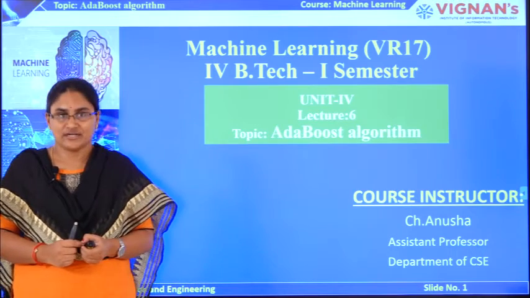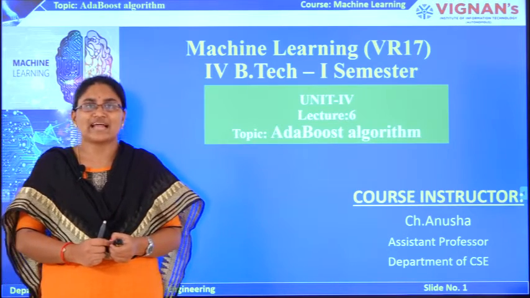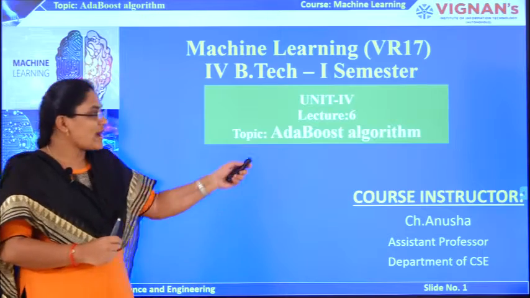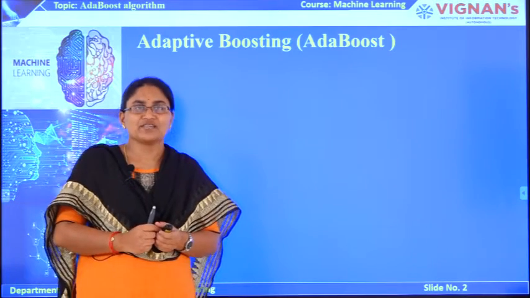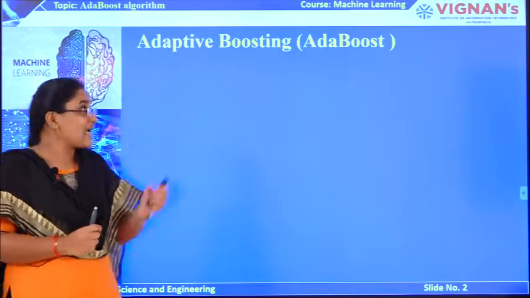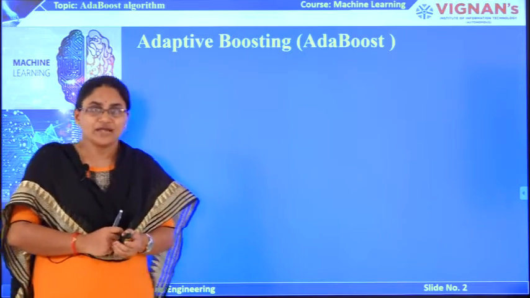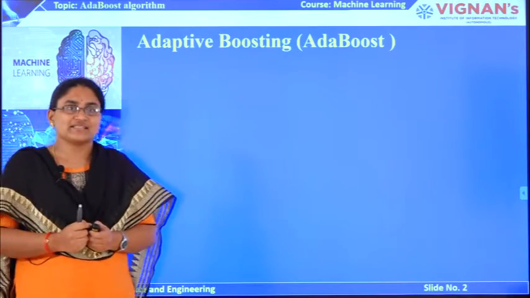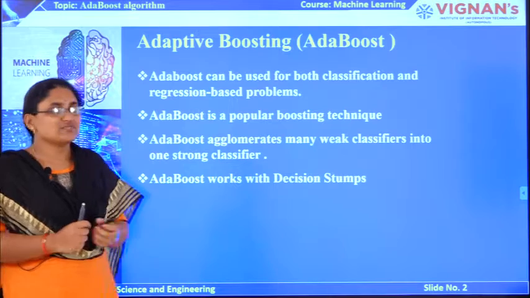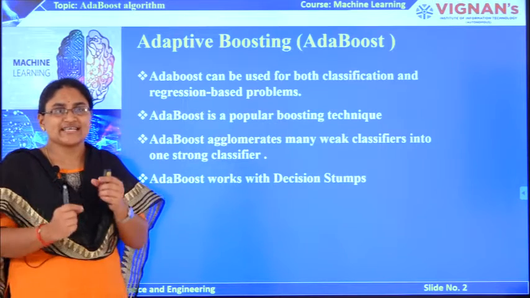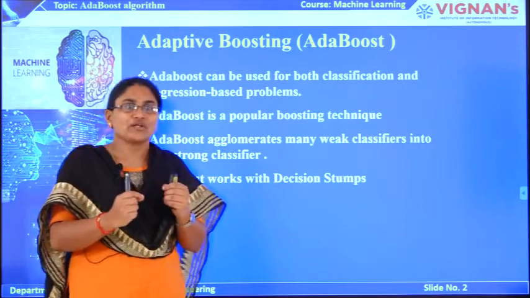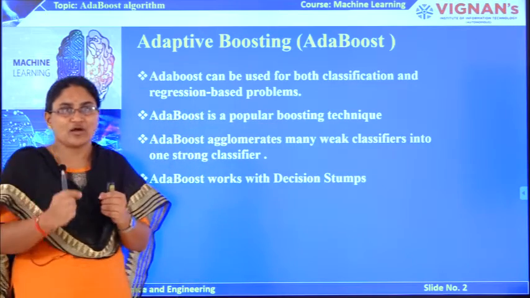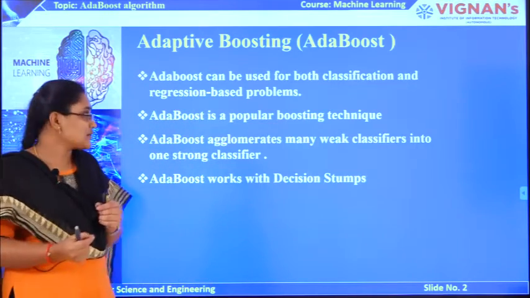Computer Science and Engineering. In this lecture, I would like to discuss the AdaBoost algorithm. Let's see what this AdaBoost algorithm is. The abbreviation for AdaBoost is Adaptive Boosting Algorithm. AdaBoost is one of the supervised machine learning algorithms. As it is a supervised machine learning algorithm, it can be used for both classification and regression problems.